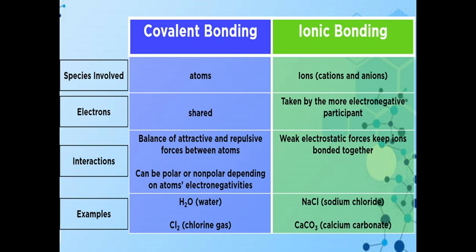They have strong electrostatic forces. Examples are NaCl, sodium chloride, with the cation sodium and the anion chloride. Another example is calcium carbonate, where calcium is a cation and carbonate is an anion, an example of a polyatomic ion.